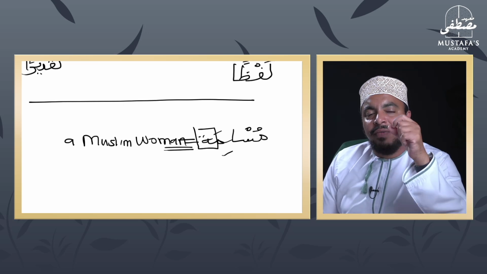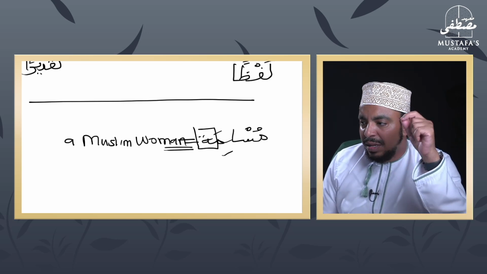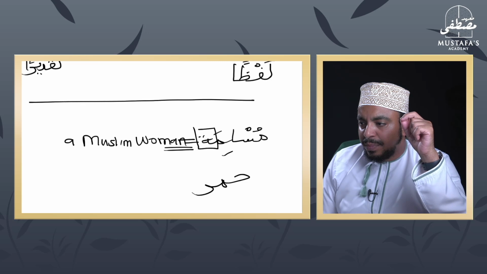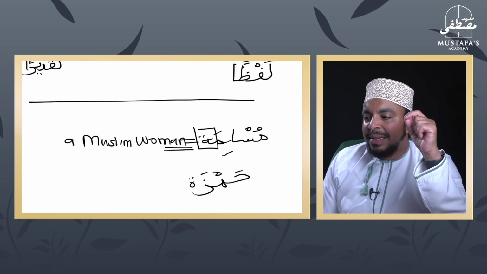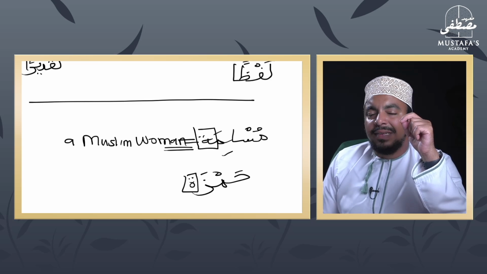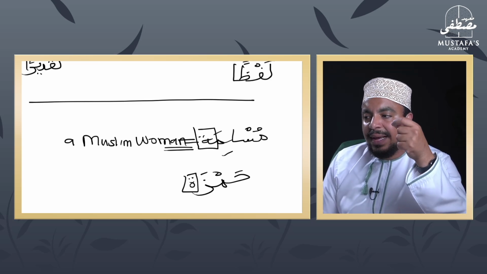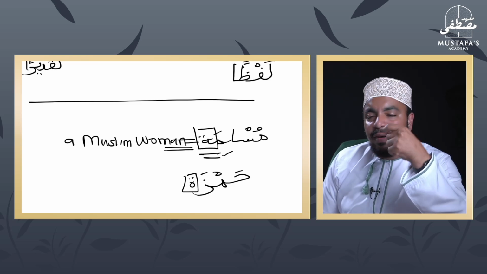Just to show you that if Hamza ends with a ta marbuta, when it's written like this, it doesn't change the fact that this is a man's name. Understood? But you need to understand that the majority of words that end with a ta marbuta like this are feminine words.